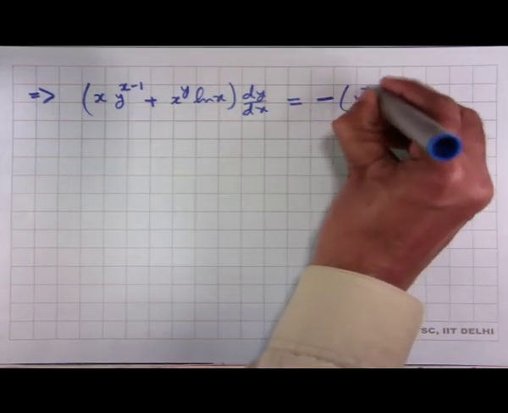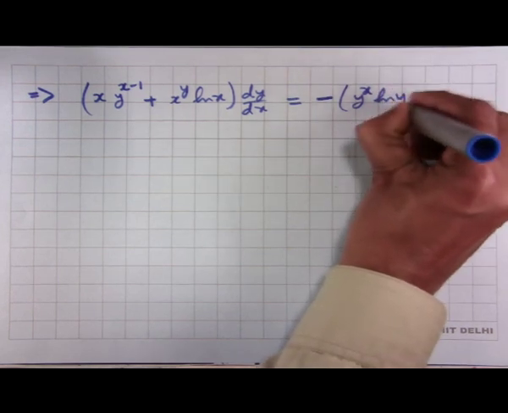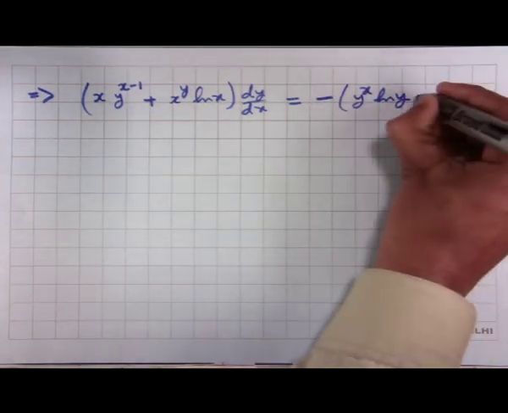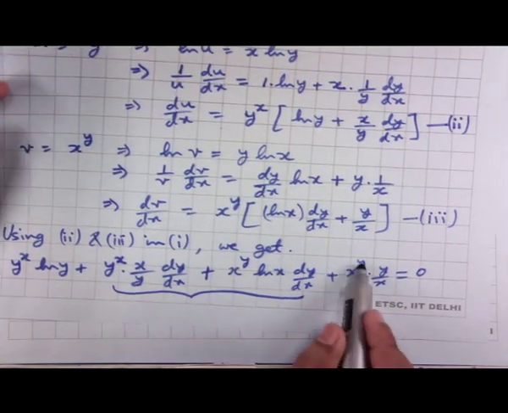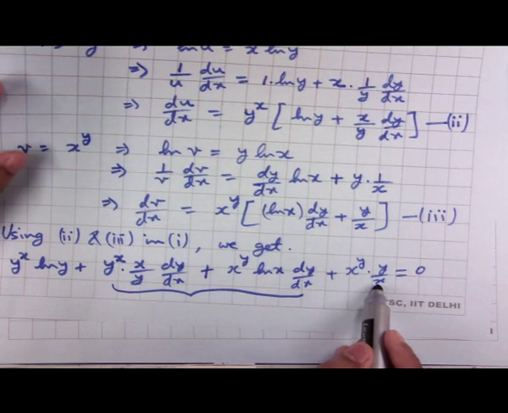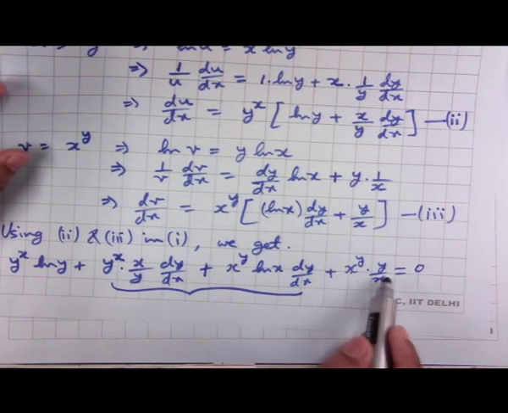y to the x ln y plus the other term is x to the y divided by x. So, this is x to the y minus 1 times y.